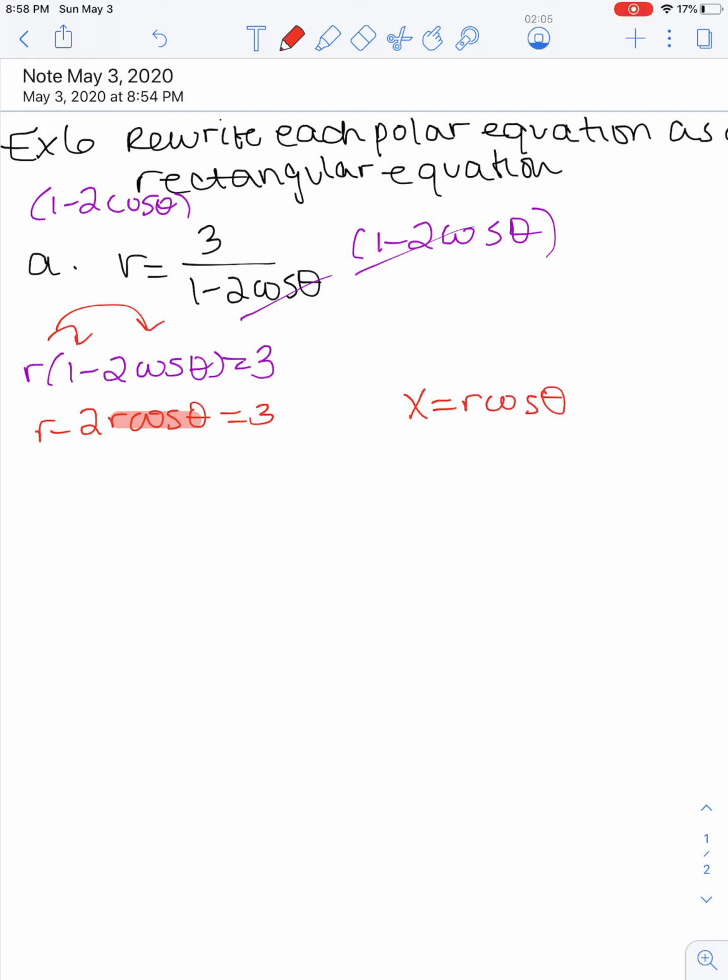So here in this line where I have r minus 2r cosine theta, I can actually substitute that r cosine theta with x. So that gives me r minus 2x equals 3, okay? So at the very least, I've gotten rid of the cosine theta, right? And I've introduced x. So I'm on my way to getting into a rectangular equation. I now need to deal with r.